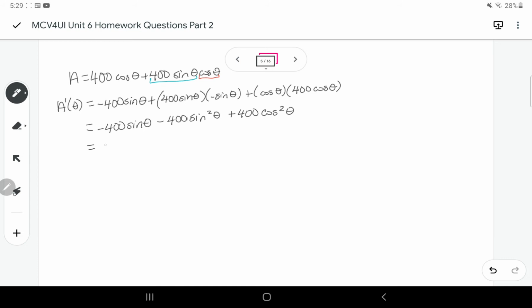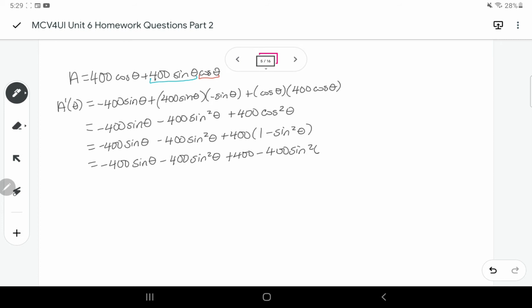So I'm going to substitute in here to get rid of that cos squared because the other two are in terms of sine. I'm just going to sub in 1 minus sine squared theta, and we'll see what happens. So I get negative 400 sine theta, minus 400 sine squared theta, plus 400 minus 400 sine squared theta.